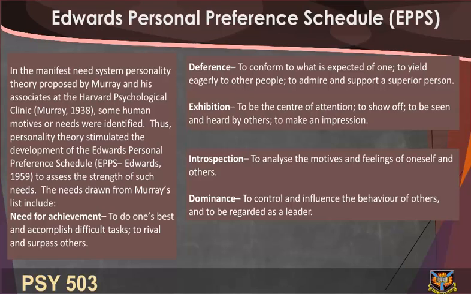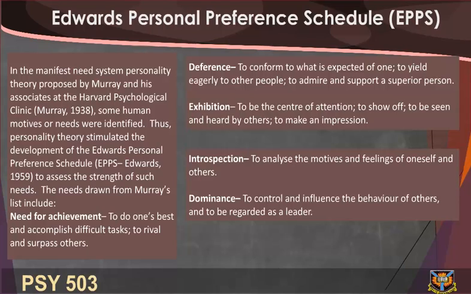Deference, to conform to what is expected of one, to yield eagerly to other people, to admire and support a superior person. Exhibition, to be the center of attention, to show off, to be seen and heard by others, to make an impression. Introspection, to analyze the motives and feelings of oneself and others.